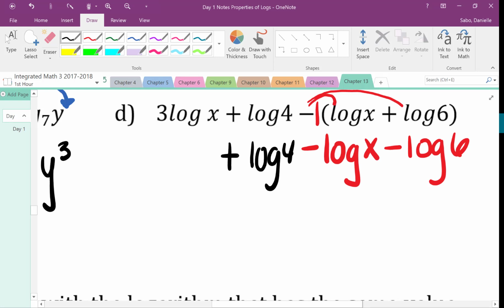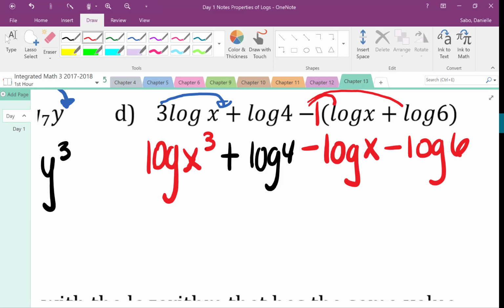The argument is always the piece that comes after the log. So when I say argument, make sure you know what I'm talking about. Otherwise, you're going to get lost in my notes here. So again, this is going to bump up the exponent now. So I have, in red because it's changing here, log x cubed. The only one that did not change in this situation is the black one. If you have questions on any piece of that, I'd be more than happy to go over it.